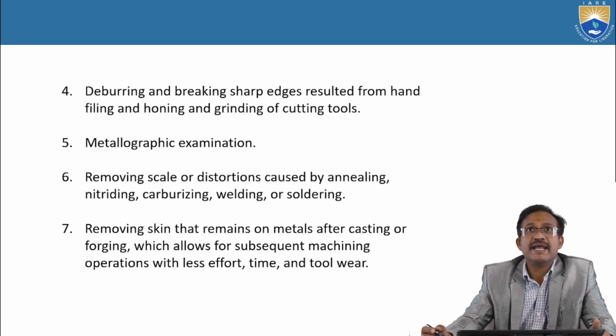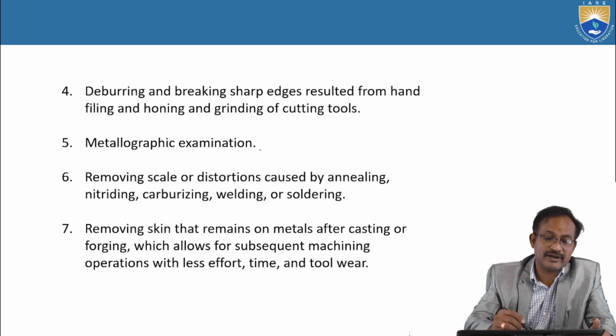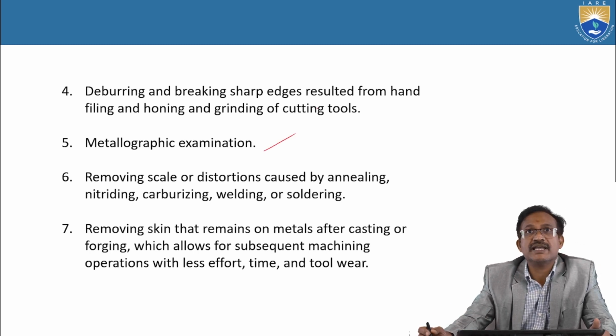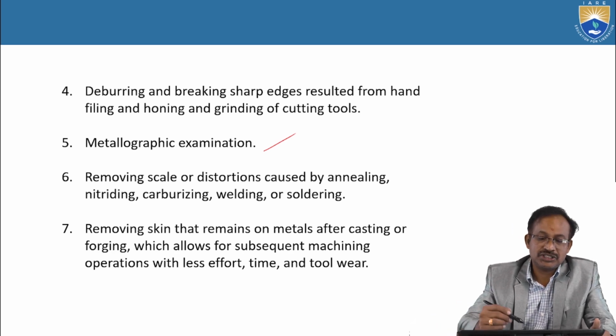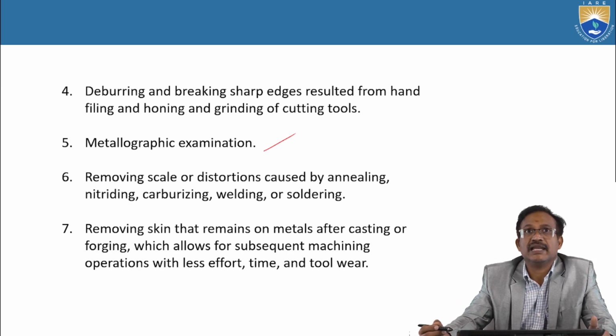Fourth, deburring and breaking sharp edges resulting from hand filing and honing and grinding of cutting tools. Fifth one, metallographic examination. Sixth one, removing scale or distortions caused by annealing, nitriding, carburizing, welding, or soldering.